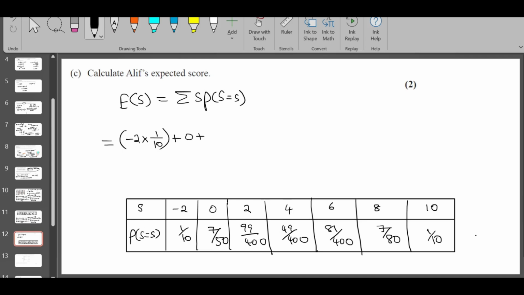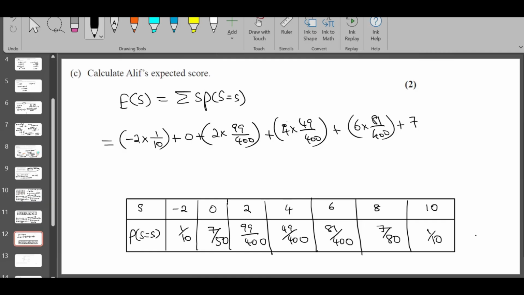Second one is 0, 2 times 99 over 400 plus 4 times 49 over 400, 6 times 81 over 400, 8 times 7 over 80, 10 times 1 over 10. So you will get the expected value.